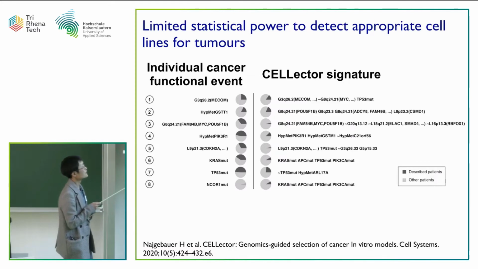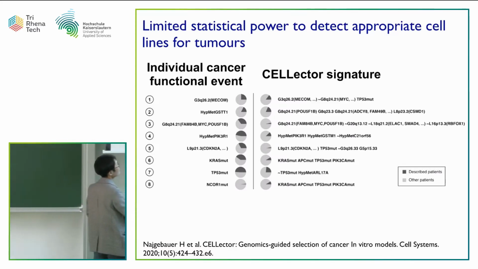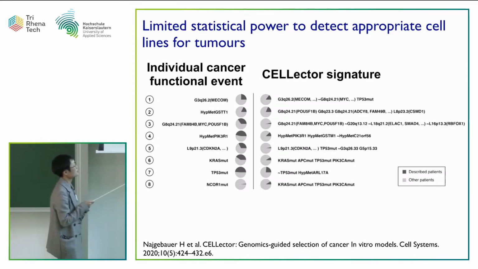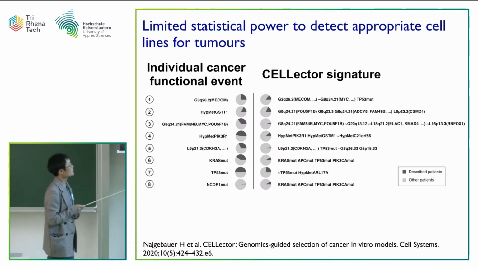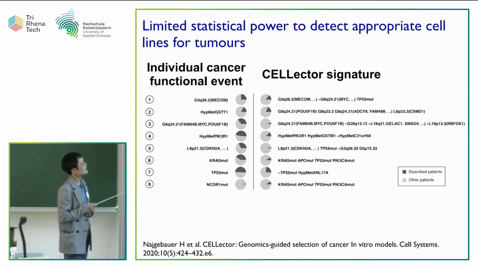If you have the combination of the driver events, shown in the right panel, then the frequency is much lower. So this will greatly limit the statistical power to detect the most optimal cell lines for bulk tumors.